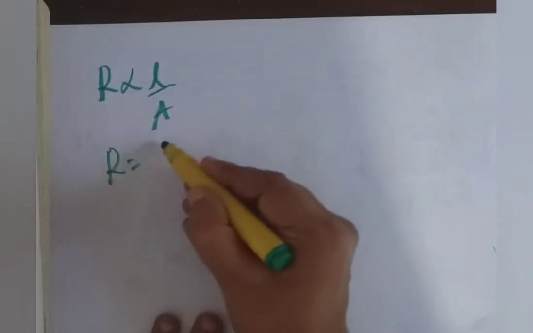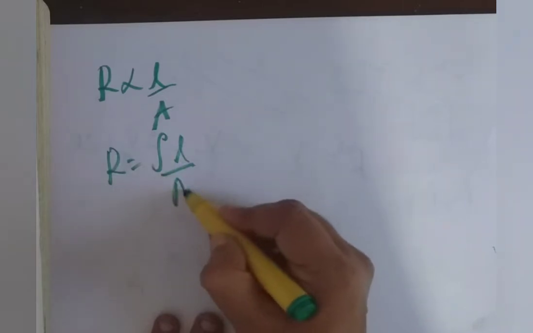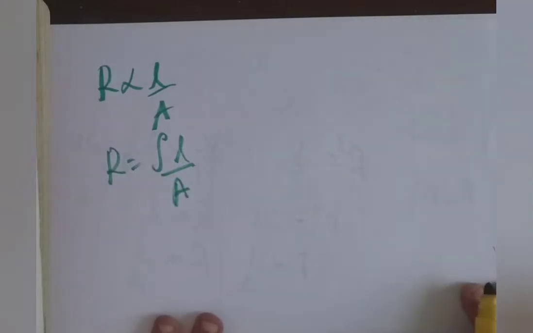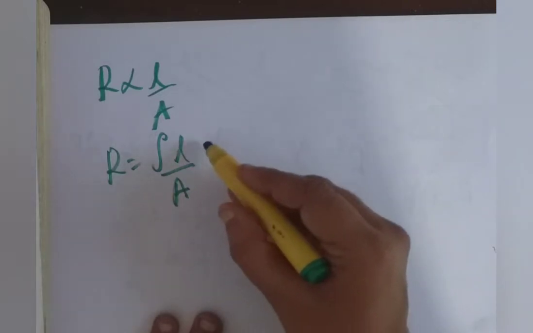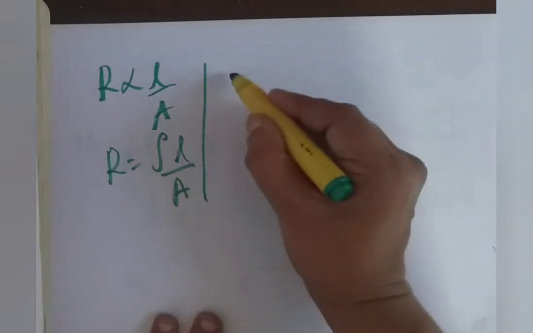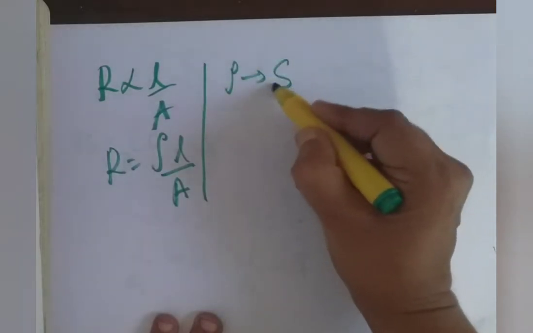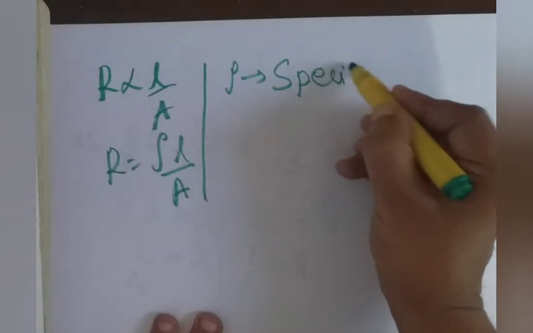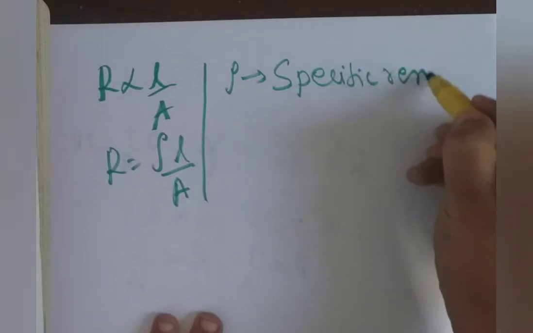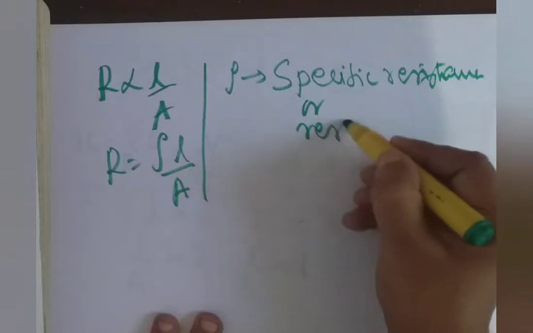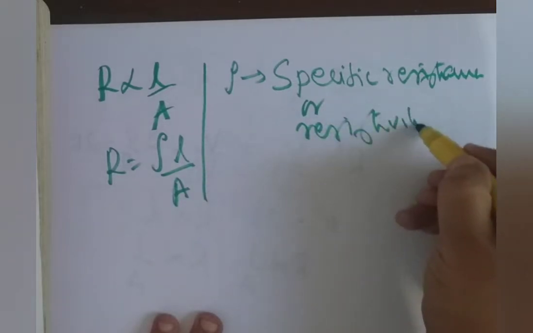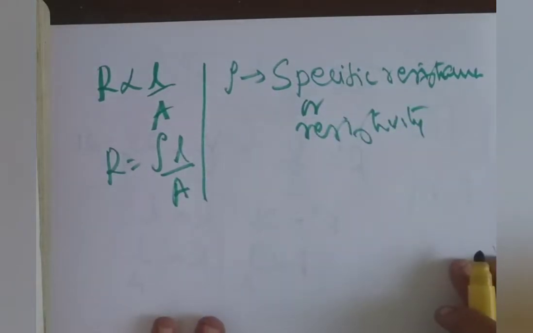We can make it an equation by introducing a constant, which you learnt in 10th itself, where rho is the proportionality constant, and rho is called the specific resistance, or simply resistivity.